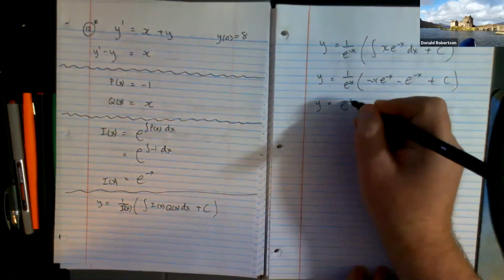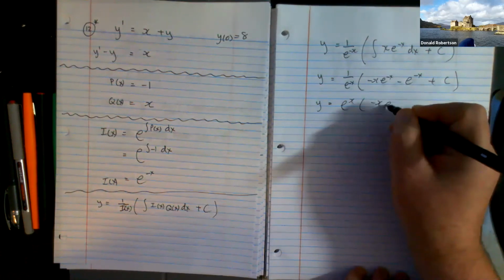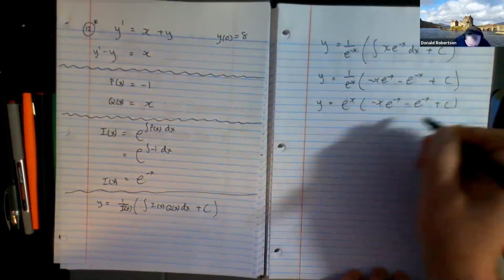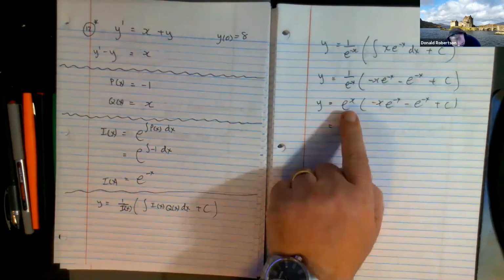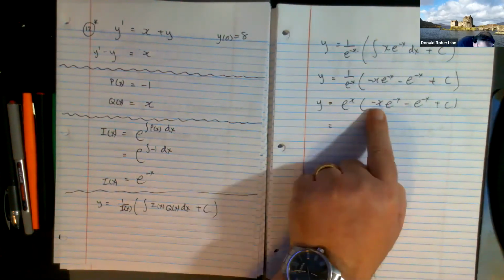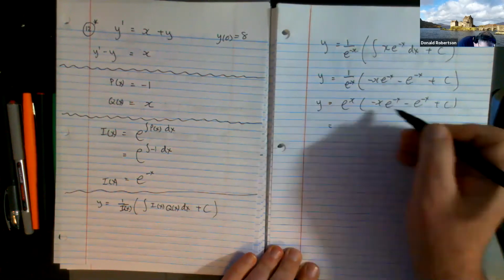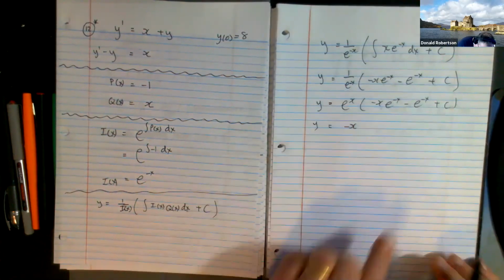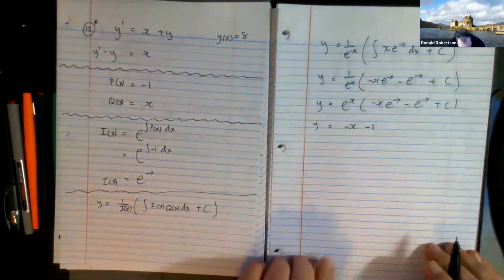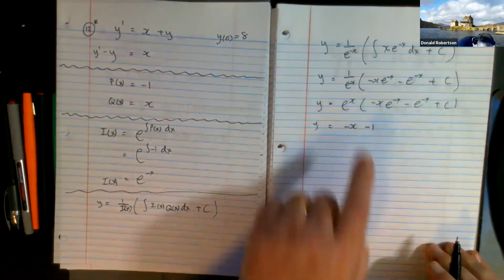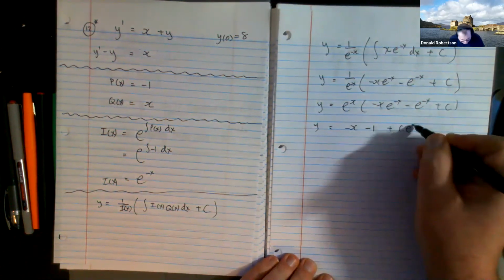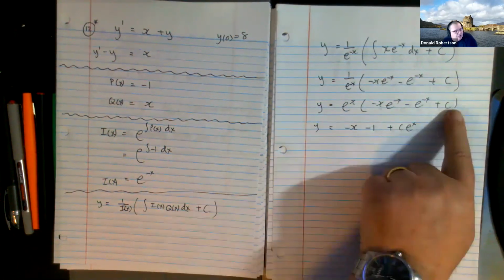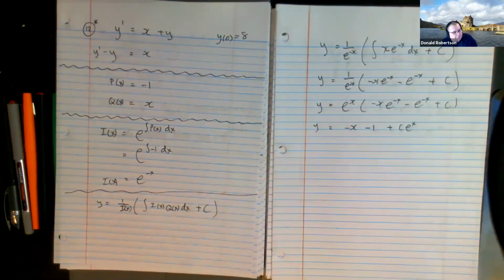Great. And now I am going to distribute through these 3. And something really cool is going to happen. E to the x times this, well, the minus x and the plus cancel out, so it's negative x. E to the x times this is negative 1. Okay, this isn't that nice, but would you agree that's much prettier looking than that? Would you agree the style points did their job?